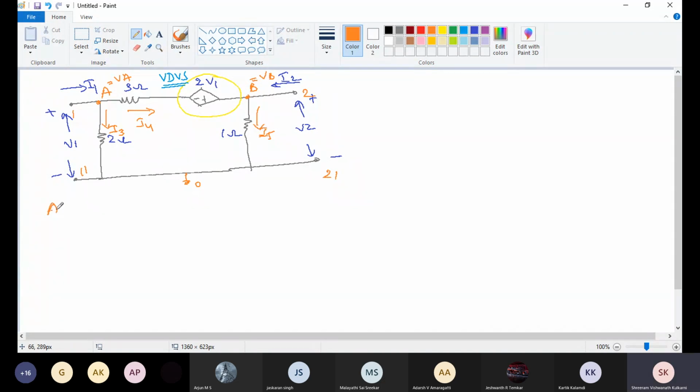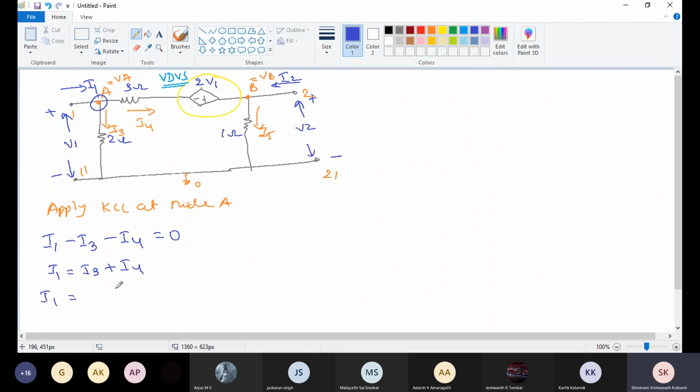Next step, apply KCL at node A, this node. I1 minus I3 minus I4 equals to 0. Now I can write I1 equals I3 plus I4.